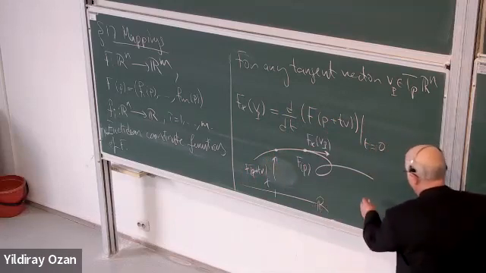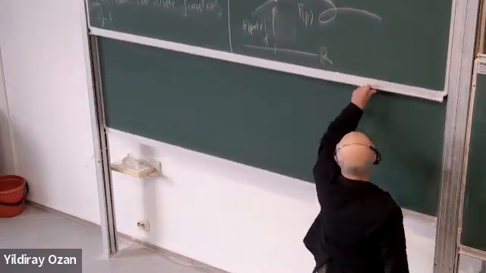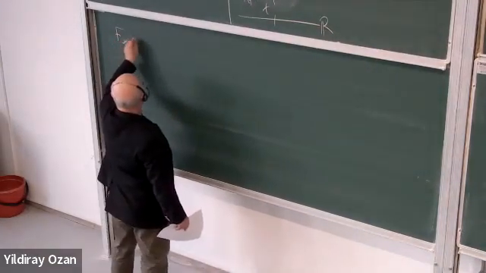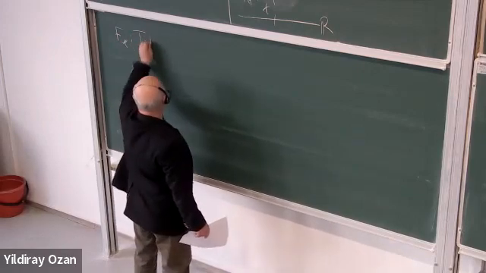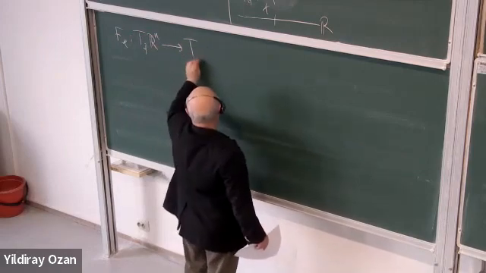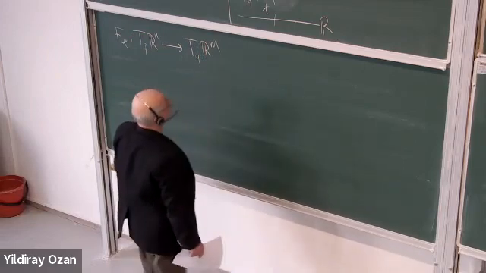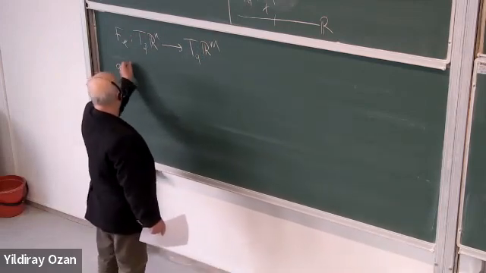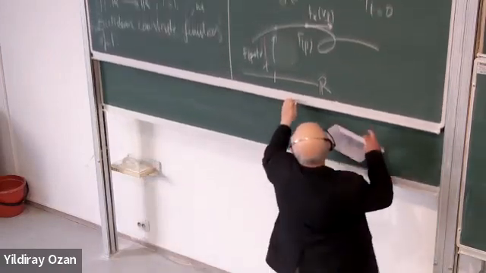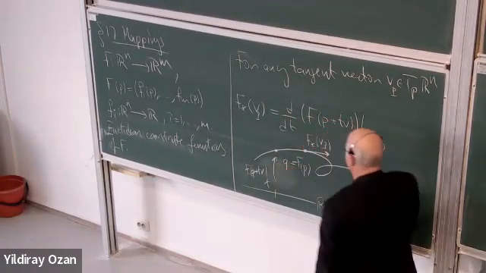Now, f star can be considered as a function from the tangent space to Rn at P to the tangent space of Rm at Q, where Q is the point f of p.